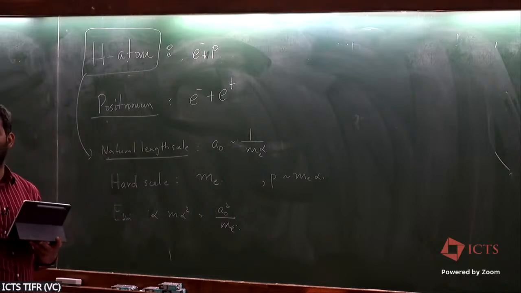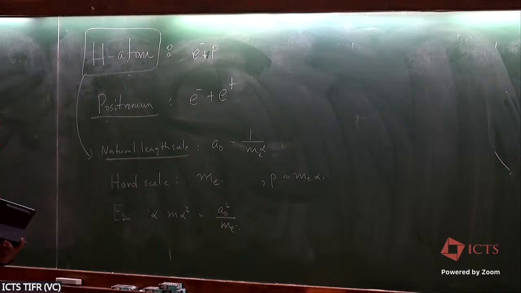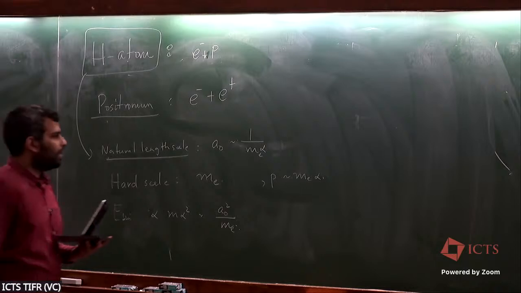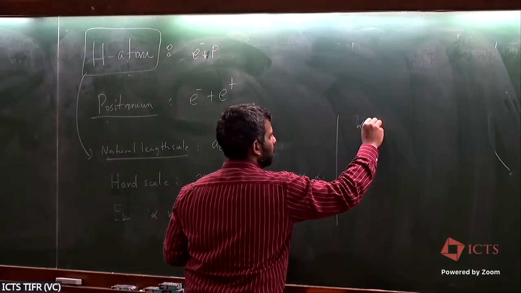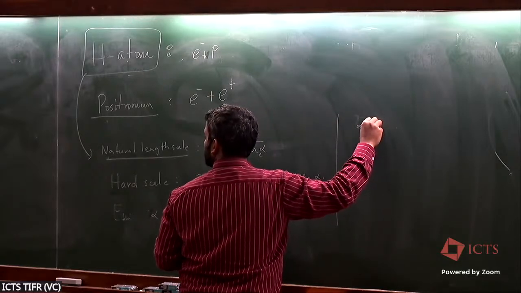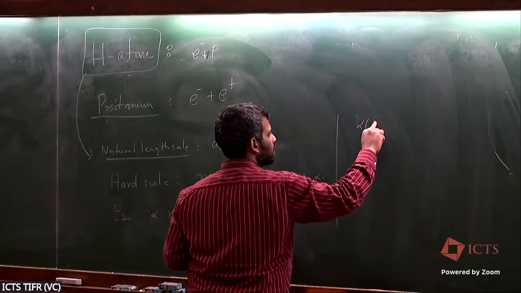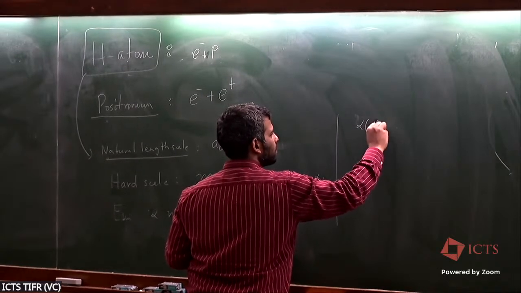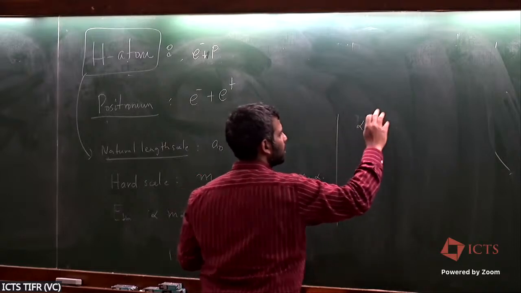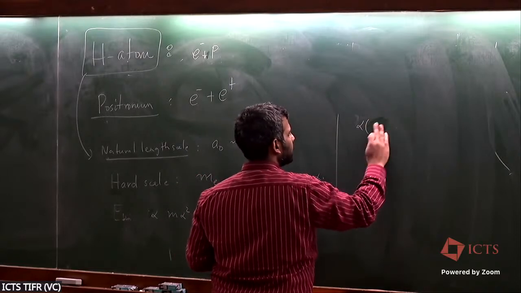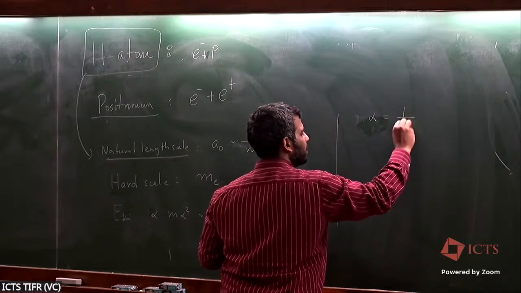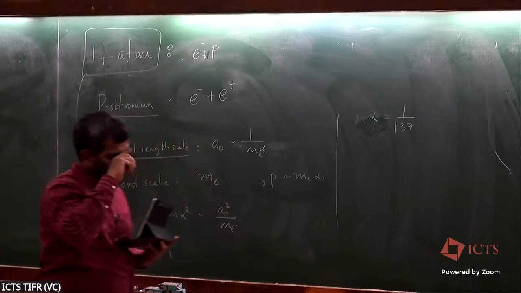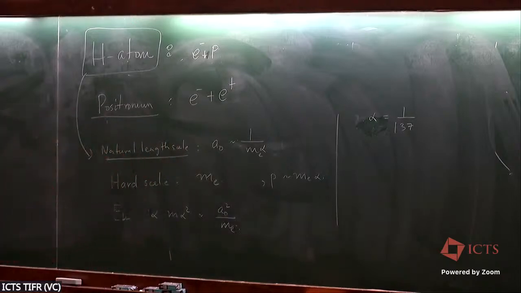Immediately you see there are different scales that are coming up into the picture. My alpha, it's probably defined at the Z mass, something, if I remember. Yeah, so there is 1 by 137.